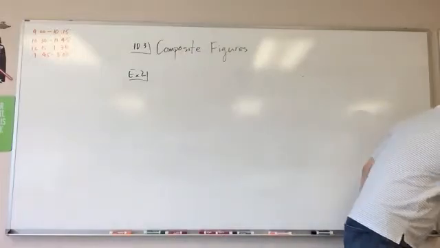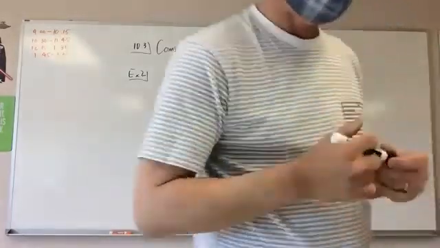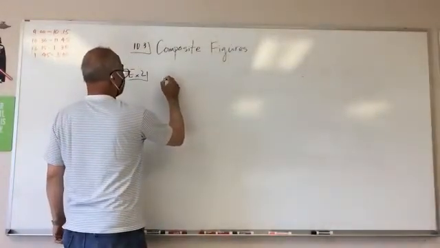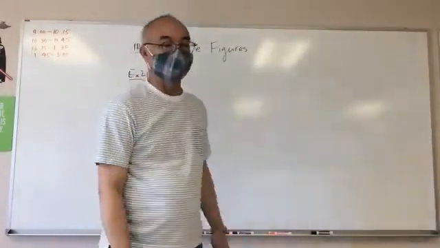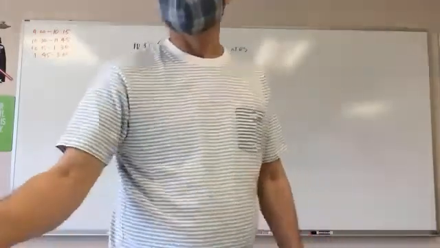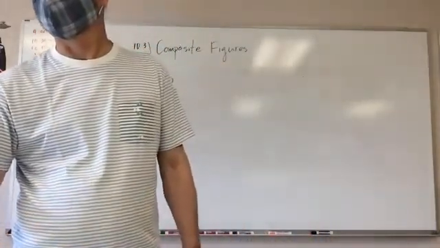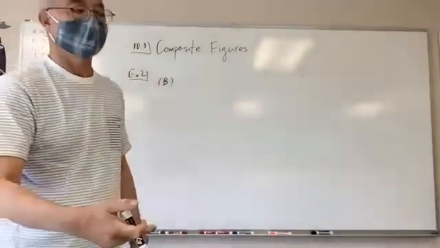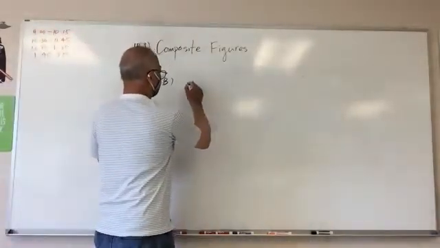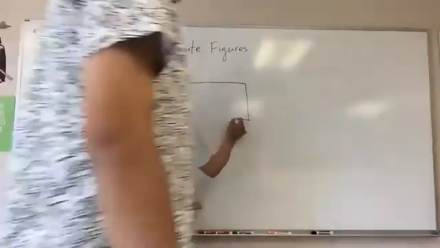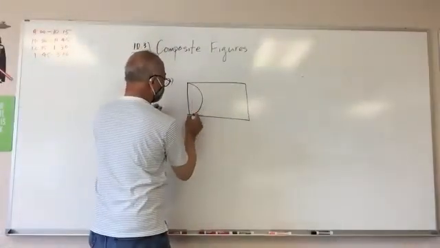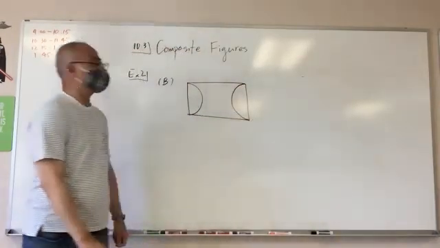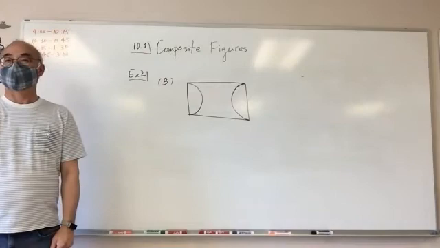And in number B, we have a basketball court kind of looking thing. It's a little different than a basketball court. Okay, so this is actually closer to a handball court.